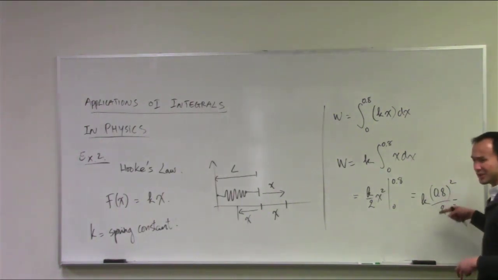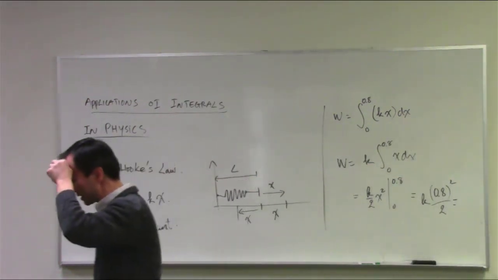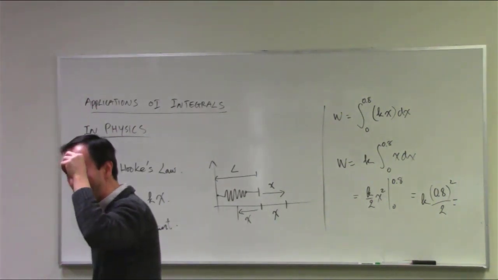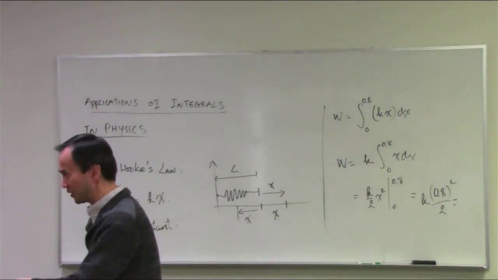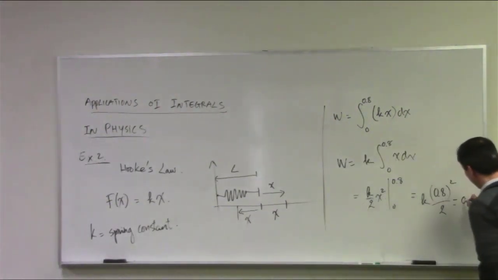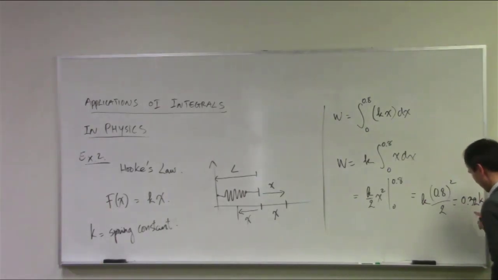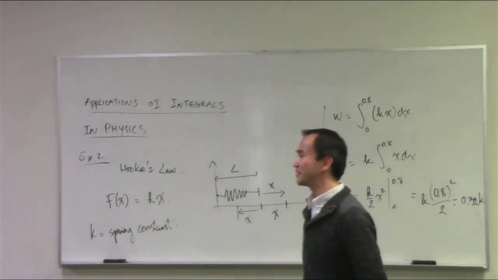By the way, 0.8 squared is 64 over 100, so 0.64, and over 2 that altogether is 0.32k. So we have a workaround, but we're still stuck with that k.